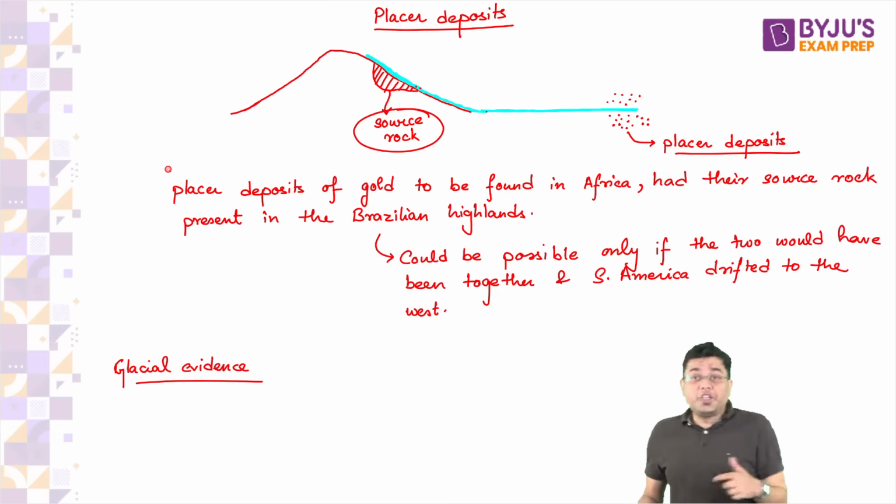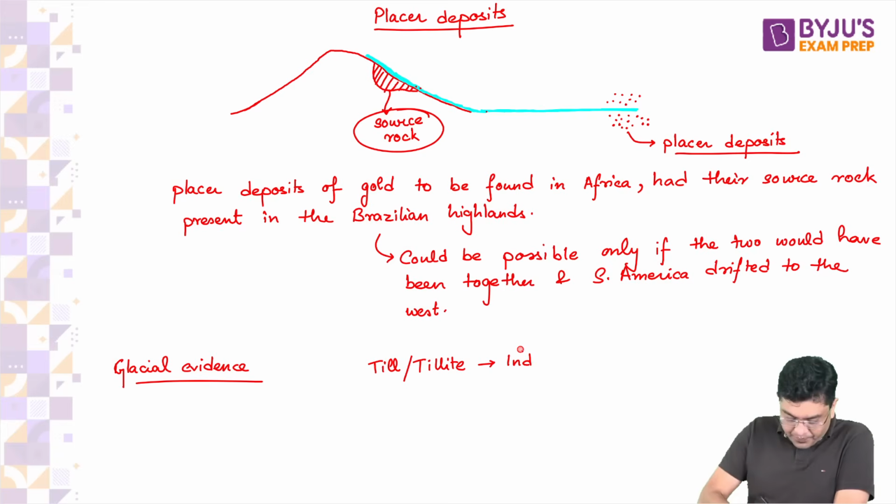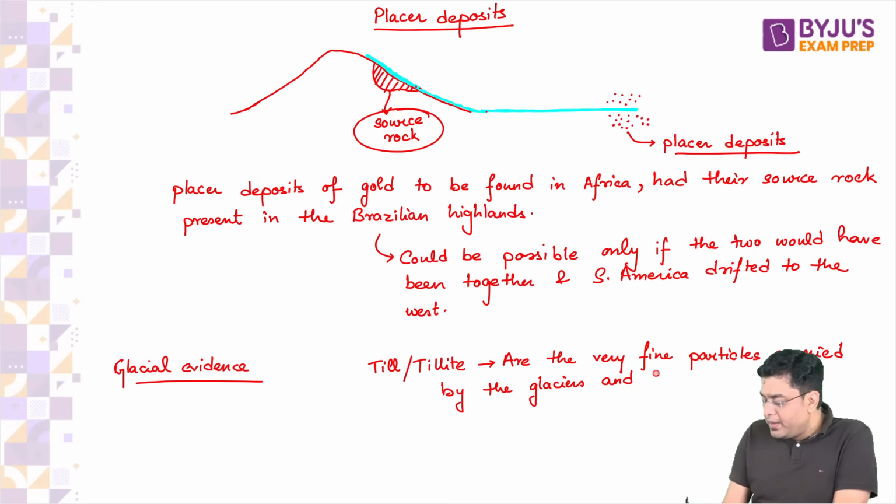So, when we talk about glacial till or tillite, they are the very fine particles carried by the glaciers and eventually deposited.